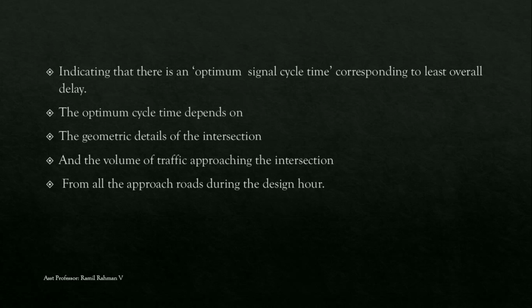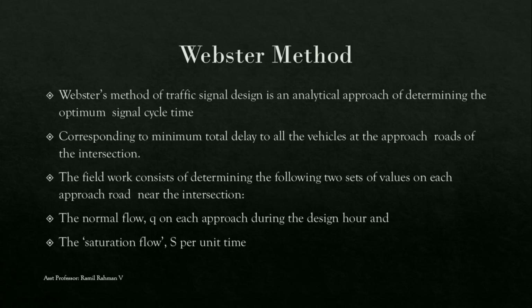The optimum cycle time depends on the geometrical details of the intersection and the volume of traffic approaching the intersection from all the approach roads during the design hour. Webster's method of traffic signal design is an analytical approach to determine the optimum signal cycle time corresponding to minimum total delay to all vehicles at the approach roads of the intersection.